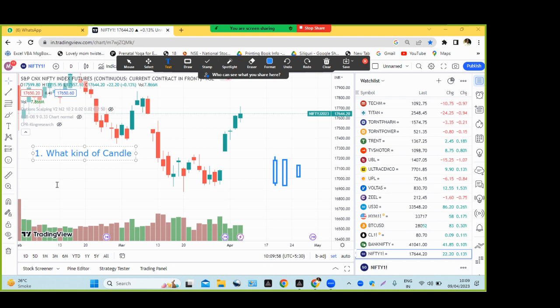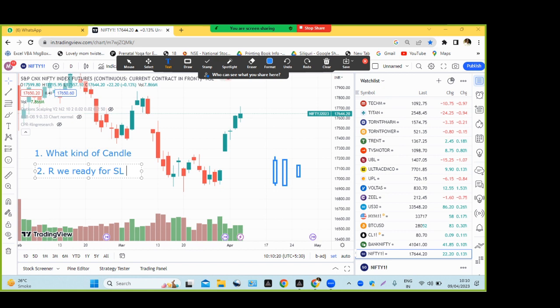Number two, I'm using short words. Are we ready for SL? If we are not ready for SL, stop trading today itself. Leave this field because we don't have a choice.